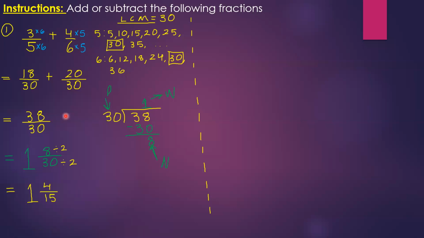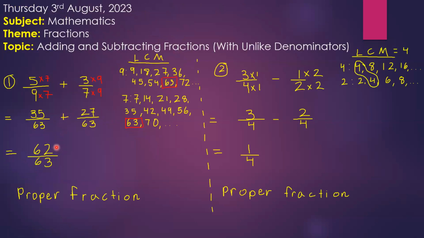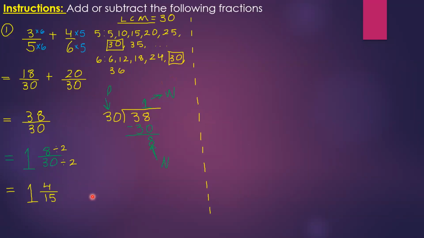If your denominator is bigger, so the bottom is bigger, then you're good. It's a proper fraction. You don't have to make this hard. If the denominator is bigger, then it's a proper fraction. You don't have to do anything. But here, clearly you can see the denominator is smaller, so of course it's going to be an improper fraction.